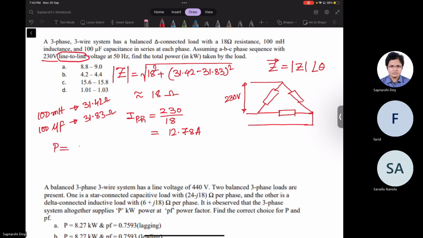Power is 3 times the per-phase power, which gives some 8.81 kilowatt.